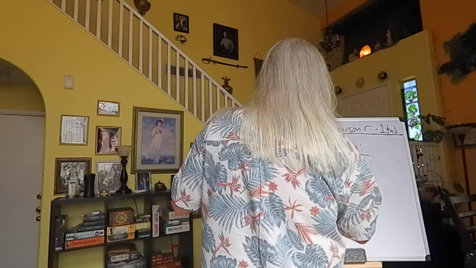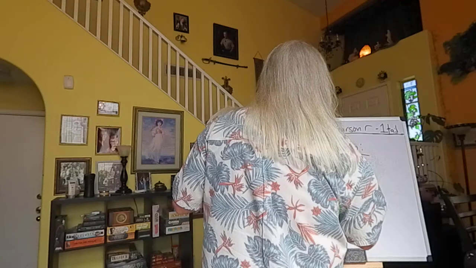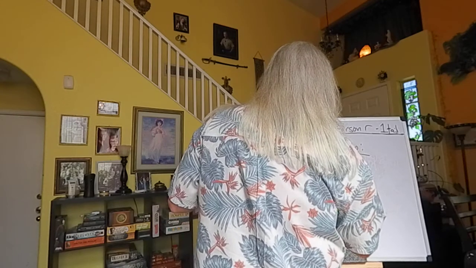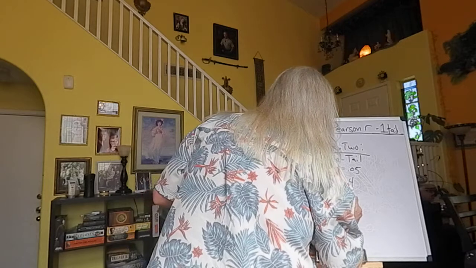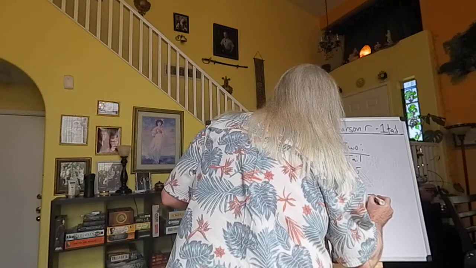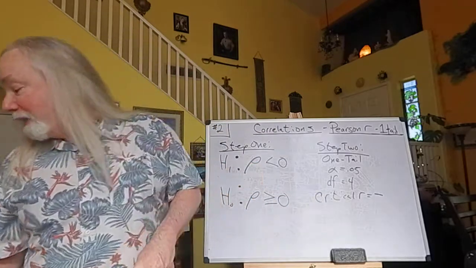well, we're now down to one tail. Alpha level is still 0.05. Our degrees of freedom is still 4. So we got to get back in the table.